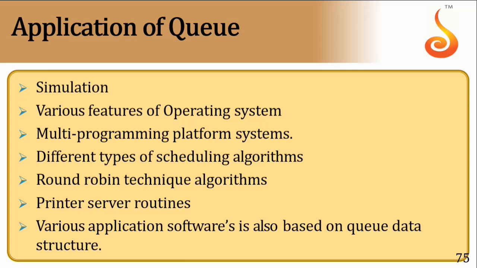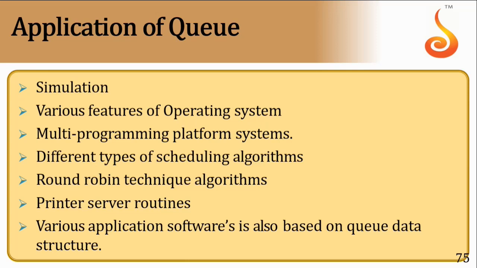Yes, you can relate to that, right? Wherein they say you're in a queue, please wait. Then various features of the operating system, types of scheduling algorithms, round robin techniques for your CPU time, printer server routines, which we discussed, and various application software are based on the queue data structure.